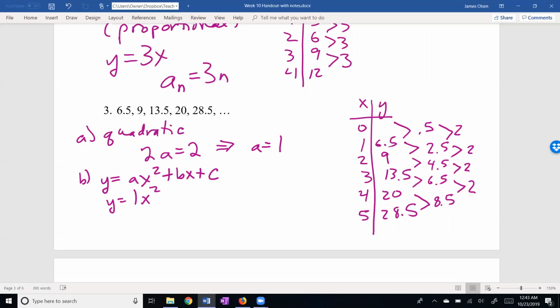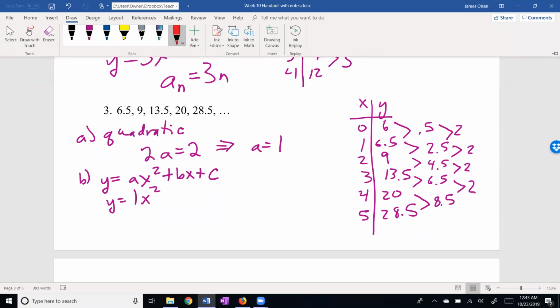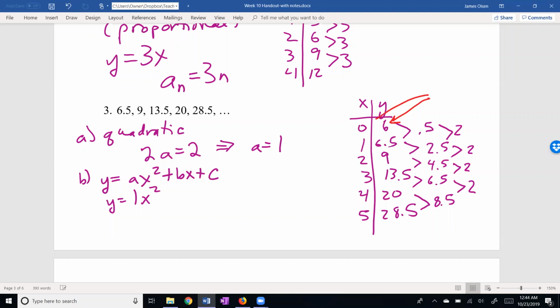And if I subtract 0.5, that should take me to 6. So this value right here, c equals 6, because it is the y-intercept.